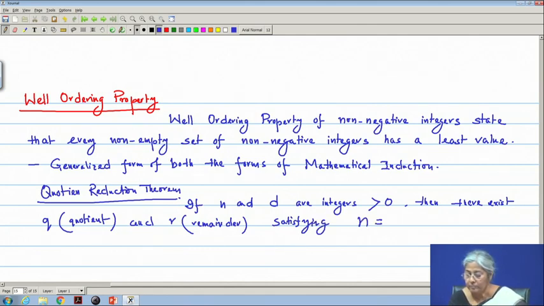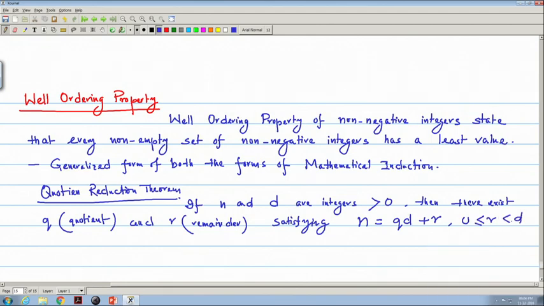n equal to q d plus r, where 0 is less than or equal to r, which is less than d, and furthermore that q and r values are unique.